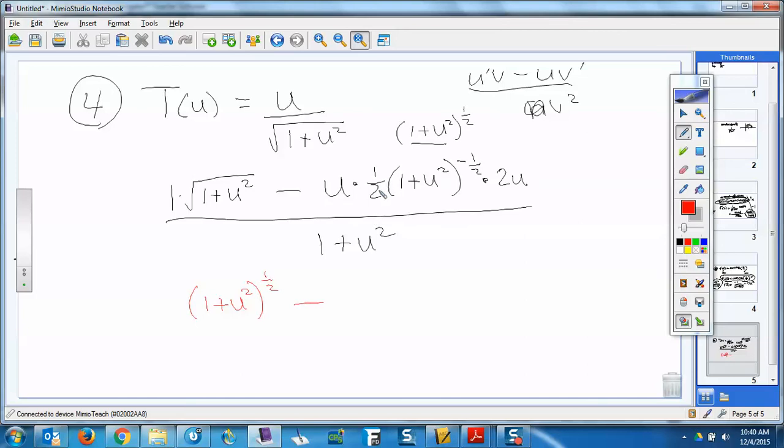Minus, now what can we do with this? 2 and 1/2 makes 1. u times u is u squared. 1 plus u squared to the negative 1/2. I cannot distribute that because of that power on that parentheses, so that's all good. And then 1 plus u squared. And I'd say that's all you got. That's as far as I think so.